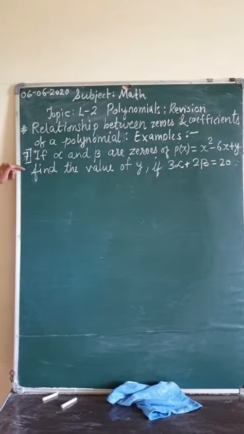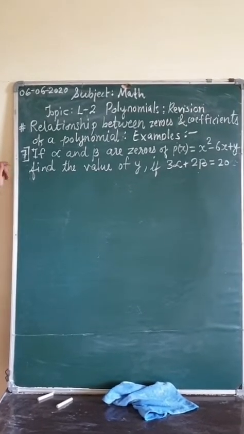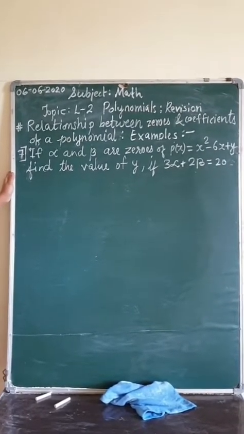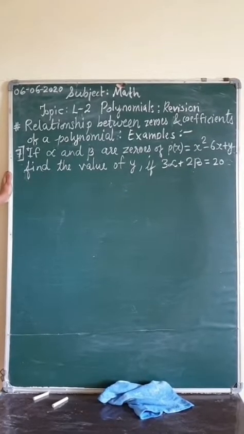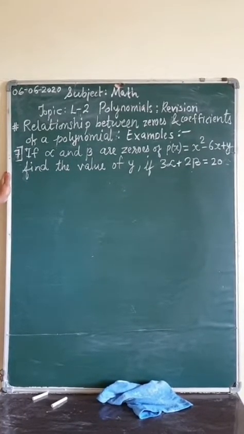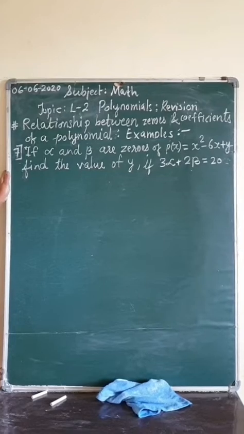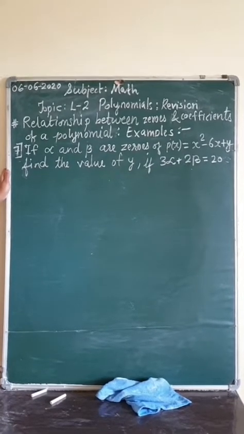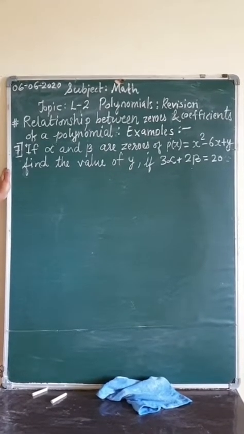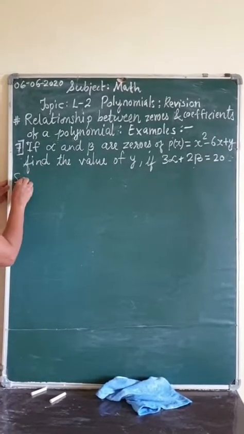Now let's see the seventh example. If alpha and beta are zeros of polynomial x square minus 6x plus y, find the value of y if 3 alpha plus 2 beta is equal to 20. Let's start the solution.